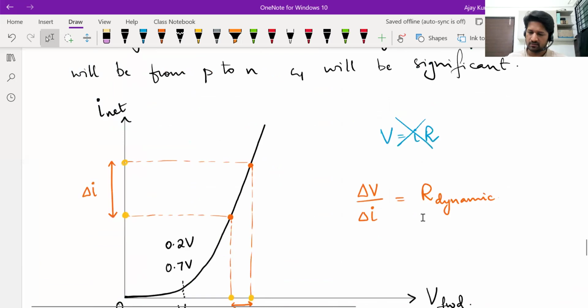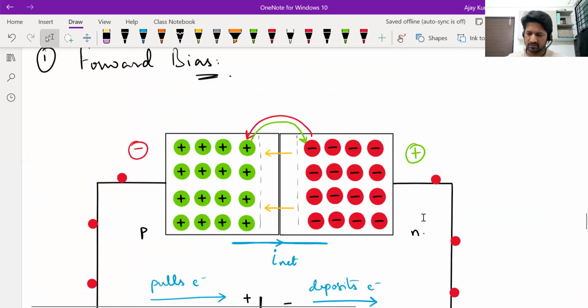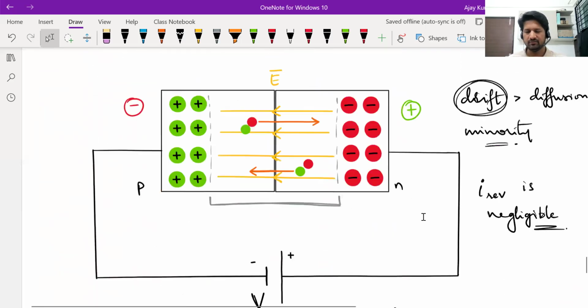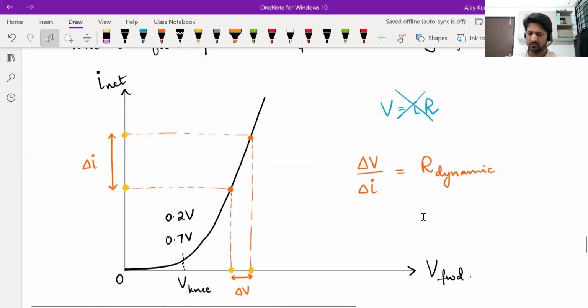Now, whether it is forward bias or reverse bias, generally, whenever current flows through a material, current is what? Flow of charges. Whenever electrons flow through a material, they'll definitely undergo collisions. They will definitely produce heat. Now consider forward bias. As you go on increasing the forward bias voltage, the current will go on increasing.